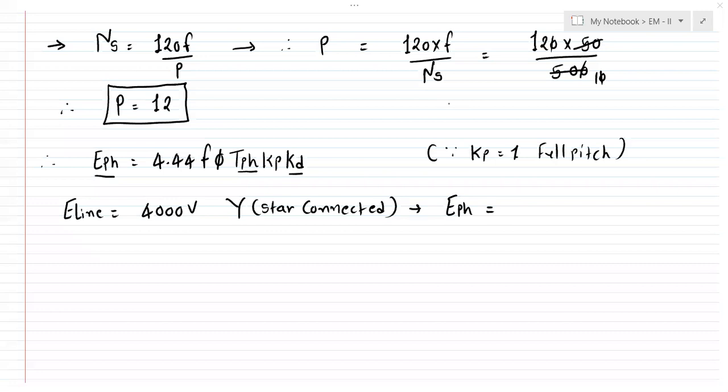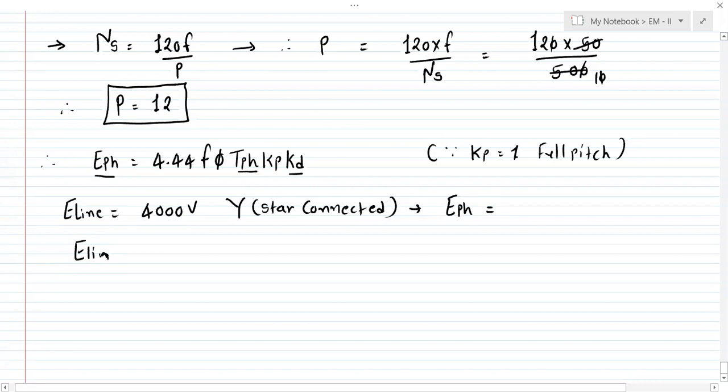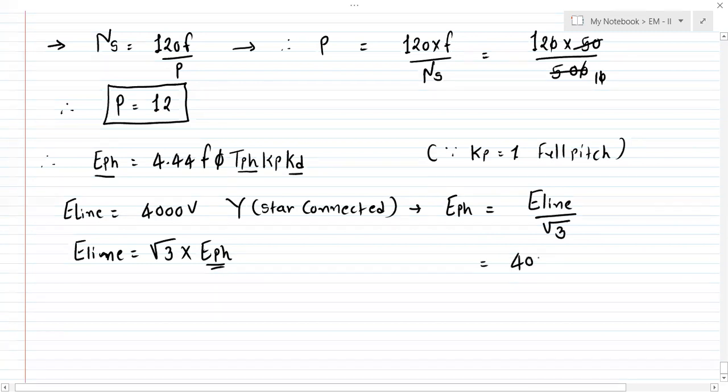Yes, it is E line divided by root 3. When we have a star connection, my line voltage is equal to √3 times my phase voltage. But here I want to find E phase, so my E phase is equal to my line voltage divided by √3. The line voltage given in the data is 4,000, so 4,000 divided by √3. Can anyone tell me the value?